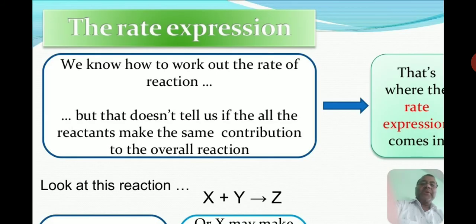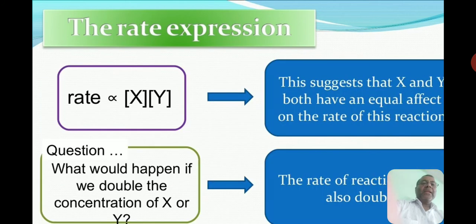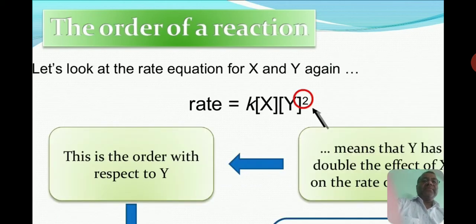And the rate expression, which we have discussed in the chapter, all these slides are covering the same thing. And when we come to rate law, a constant is used, that is K, which we know as the rate constant. This we have discussed.